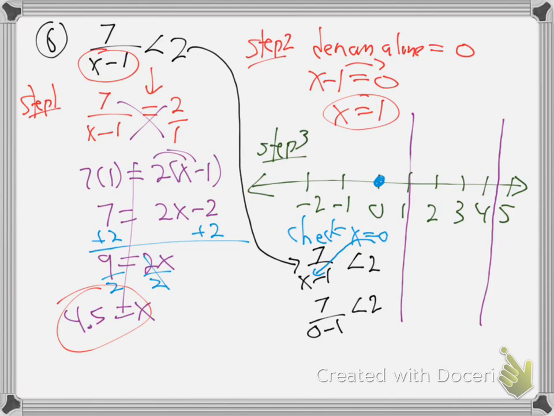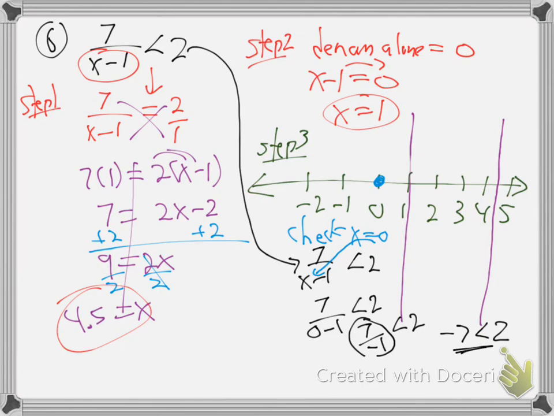So that's 7 over minus 1 is less than 2. What's 7 divided by minus 1? It's minus 7, right? If there were 2 negatives there, it'd be positive, but 1 negative is just negative. And anything divided by 1 is just itself. 7 over 1 is just 7. And the fact that it's -1 makes it -7.